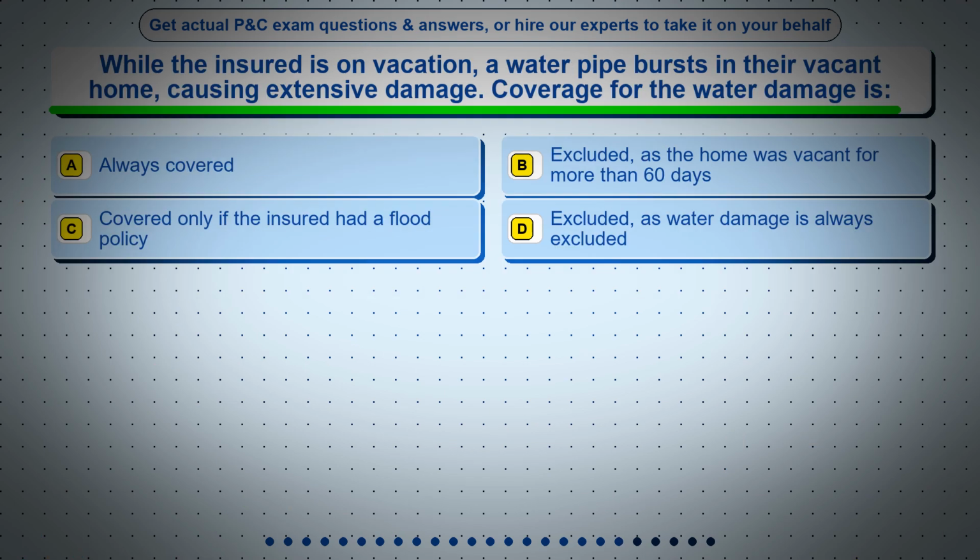Question 20. While the insured is on vacation, a water pipe bursts in their vacant home, causing extensive damage. Coverage for the water damage is: Option A. Always covered. Option B. Excluded, as the home was vacant for more than 60 days. Option C. Covered only if the insured had a flood policy. Option D. Excluded, as water damage is always excluded.